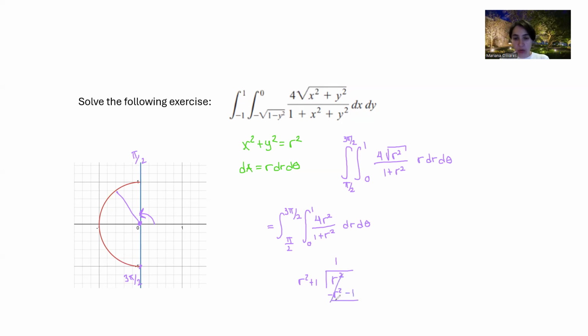If we simplify, these two things can cancel, and we're getting as a residual a minus 1. So that means that we can rewrite this as 1 minus 1 divided by 1 plus r squared. So this is another way to represent what we have here inside. So let me write it like this.